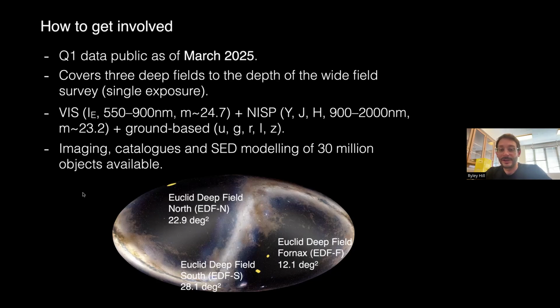You can play around with all of that. There are about 30 million objects in the full Q1 catalog, and every one of them has fluxes and stellar mass estimates and all sorts of other stuff.